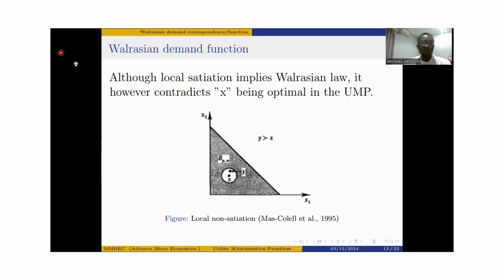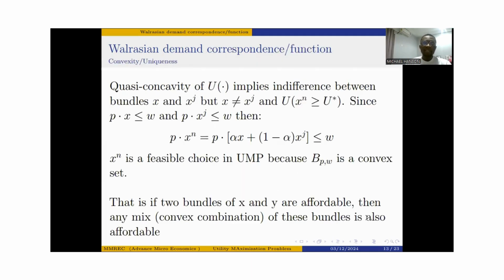Okay, so all these conditions, we've treated them, and I hope you could remember by now. Right, now let's look at the Wallacean demand correspondence and explain what we mean by the quasi-concavity. I did that explanation earlier on, but let me just take it over again.